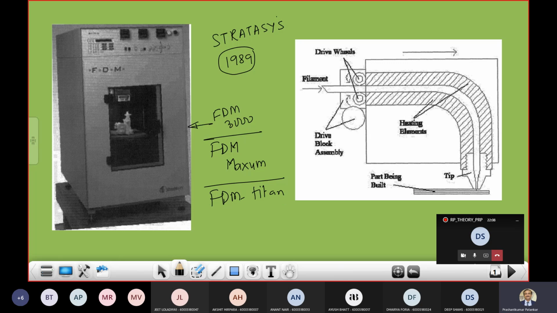Last time, if you remember, I talked about the hardware, the software, and then the build material. In this session also, I'm going to do the same thing in the same order and discuss FDM in the same manner.